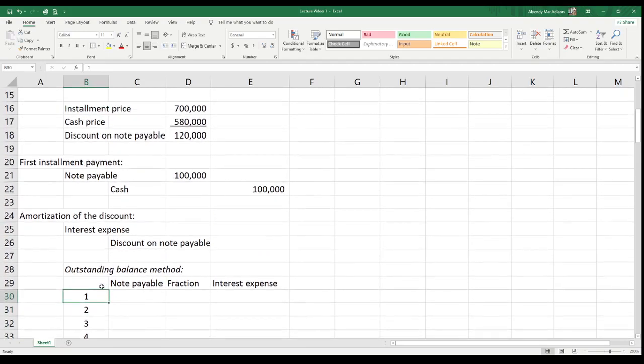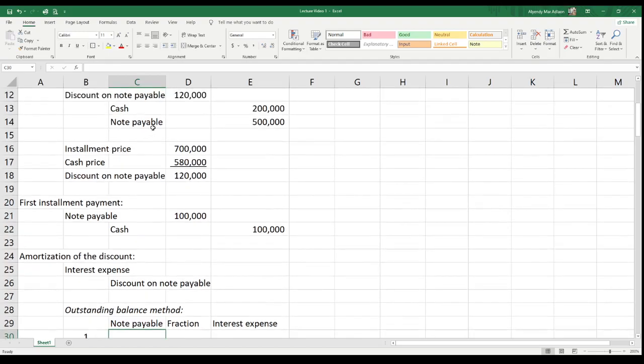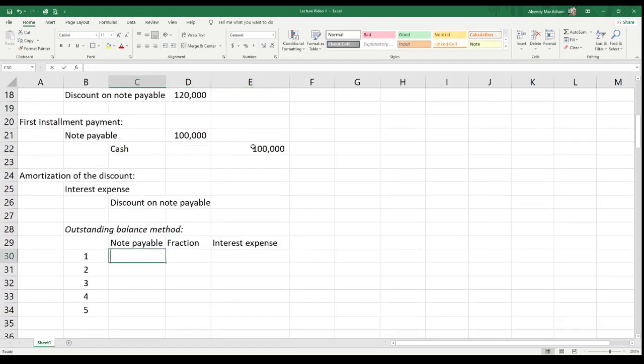So let's say for example, in year 1, right class, during the whole year 1, or let's say at the very start, the balance of the note payable is 500,000. And this 500,000 became outstanding starting January 1, 2019 until December 31, 2019. Therefore, on the first year, our balance is still 500,000.